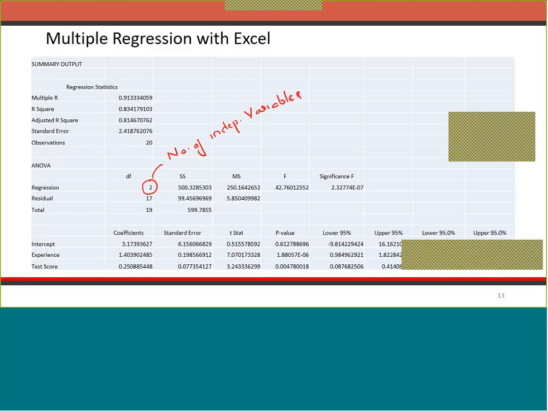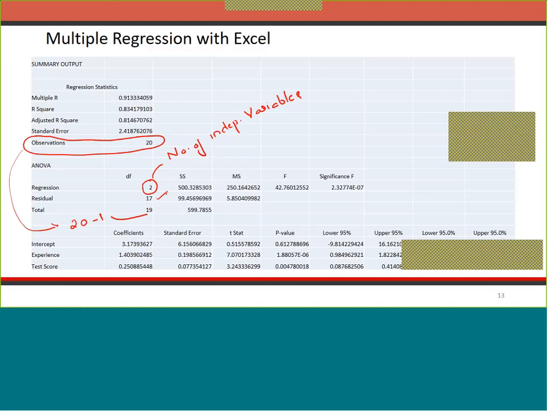So how many observations did you take? Number of observations, how many for each variable? 20. So it is 20 minus 1, which is 19. And if you know 2 and if you know 19, obviously this must be 17.